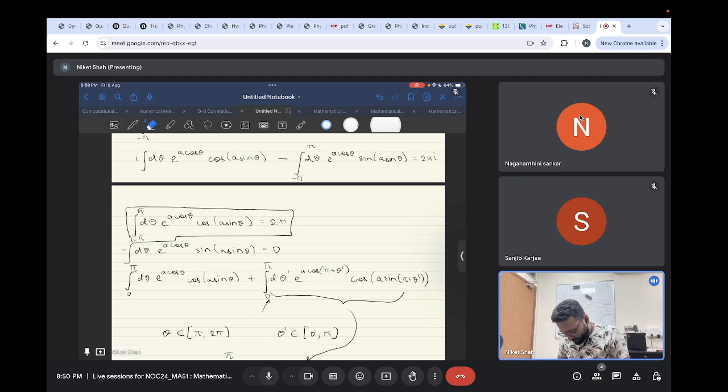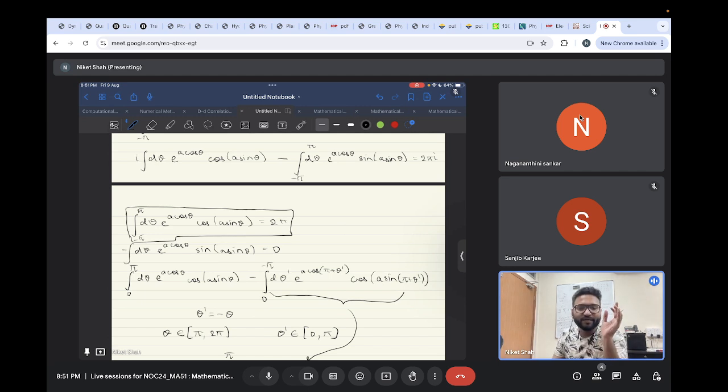So in that case, theta prime is just minus theta. So this is simply 0 to pi, 0 to minus pi, and minus d theta prime. I hope you are understanding what I'm doing here.